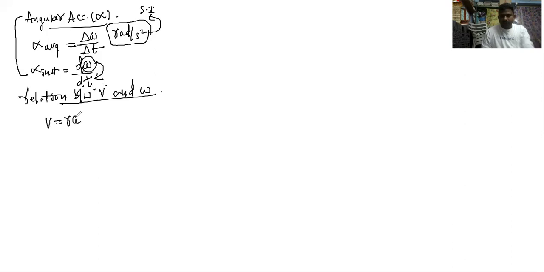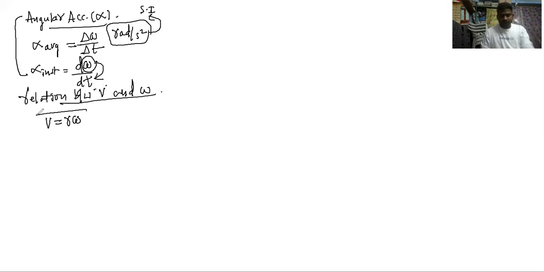Now look at the things we have learned so far. I can say the relation between linear velocity and angular velocity, which we have derived, is v equal to r omega.